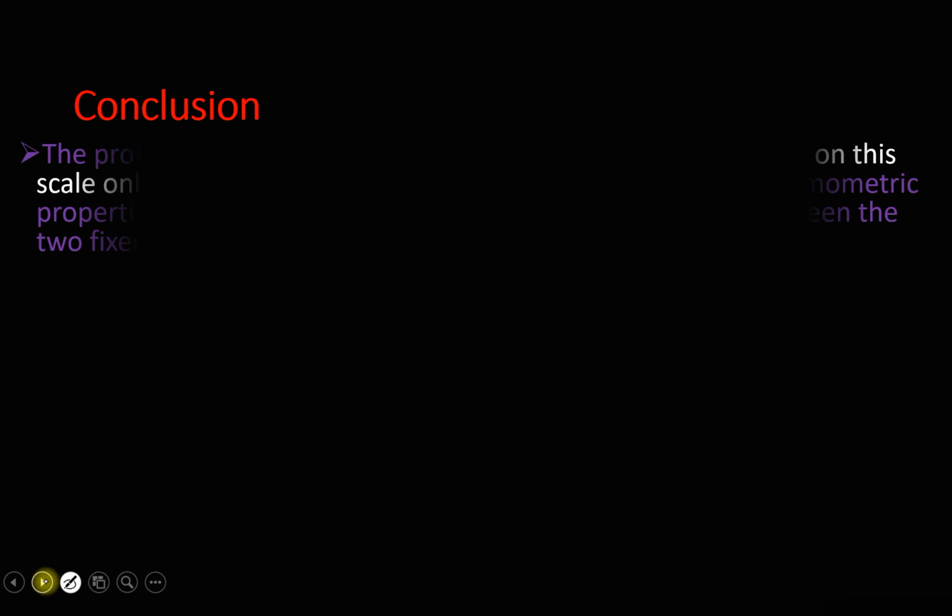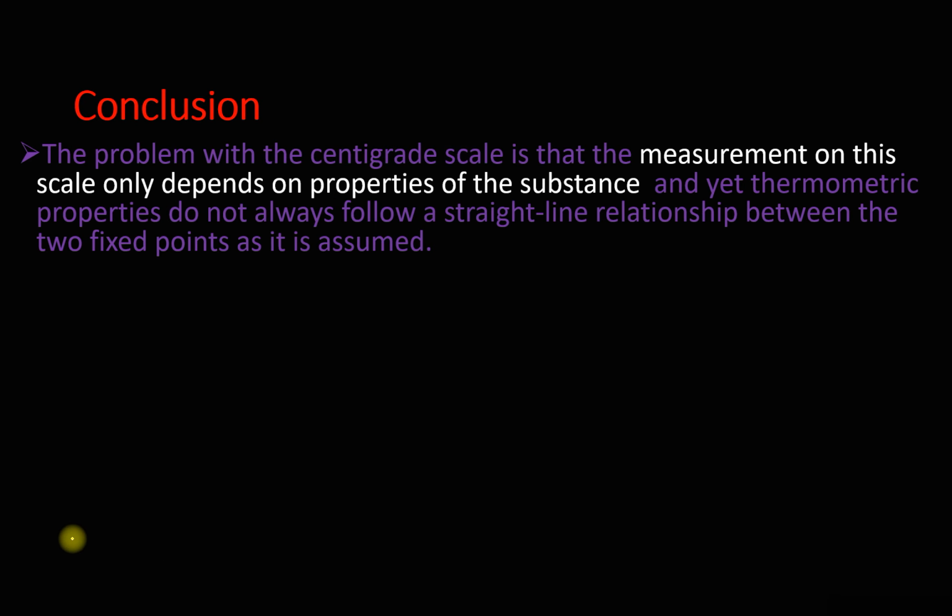In conclusion, the problem with the centigrade scale is that the measurement on this scale only depends on properties of the substance, and yet thermometric properties do not always follow the straight line relationship between the two fixed points as it is always assumed for the centigrade scale.